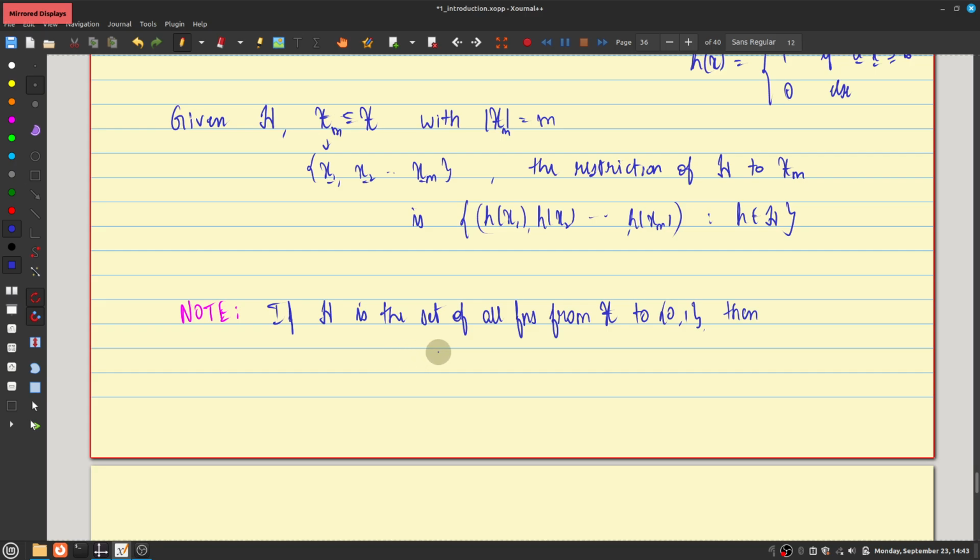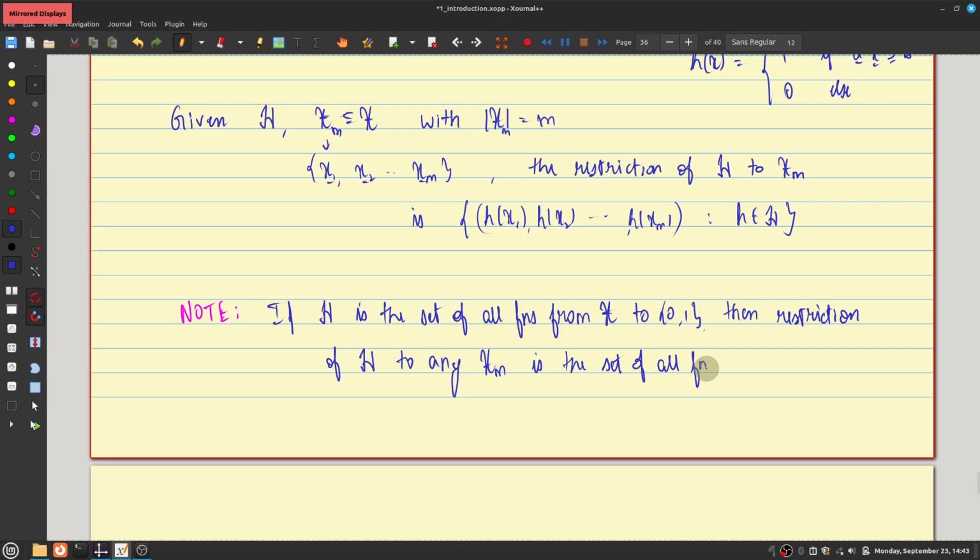So then the restriction of H to any xm is simply the set of all xm to 0, 1.